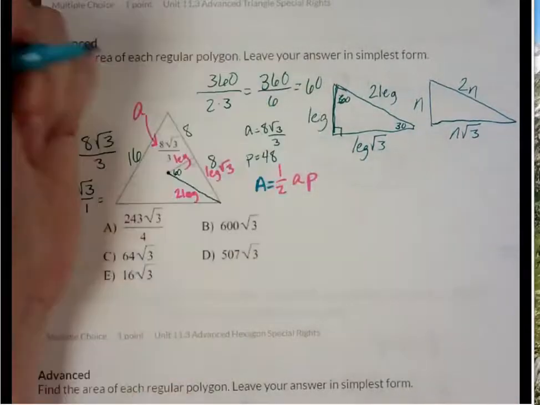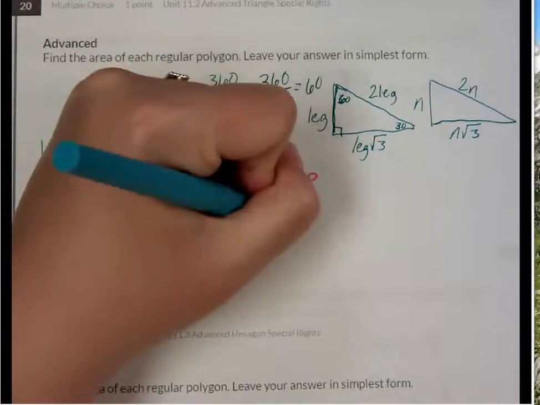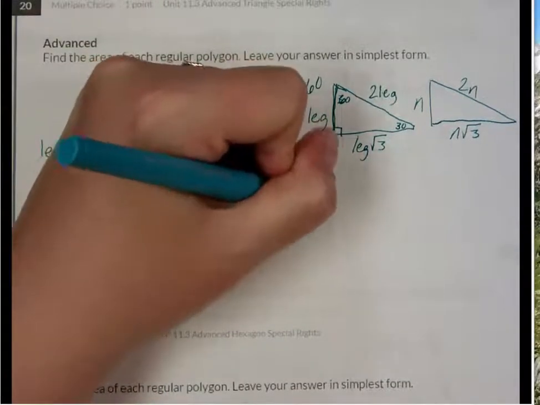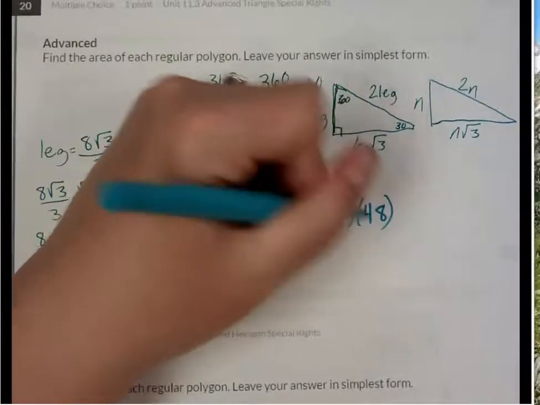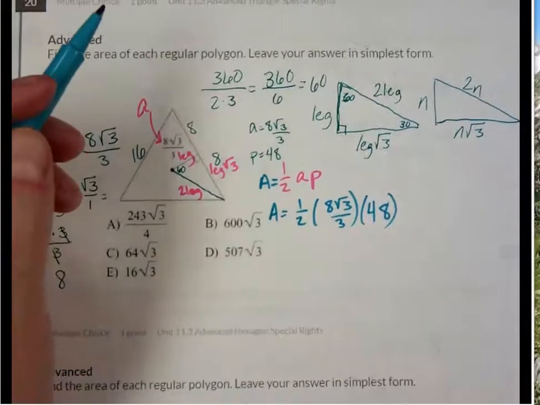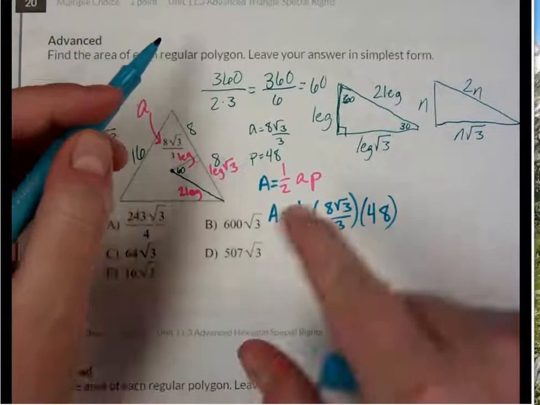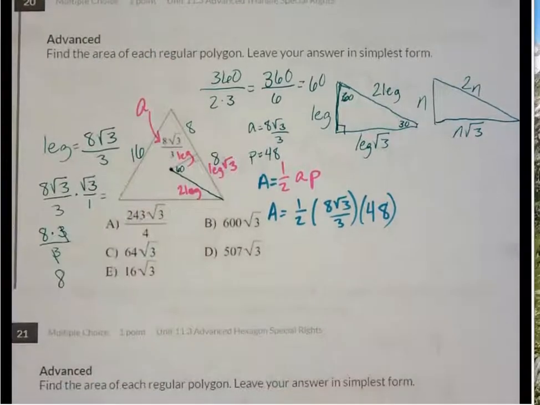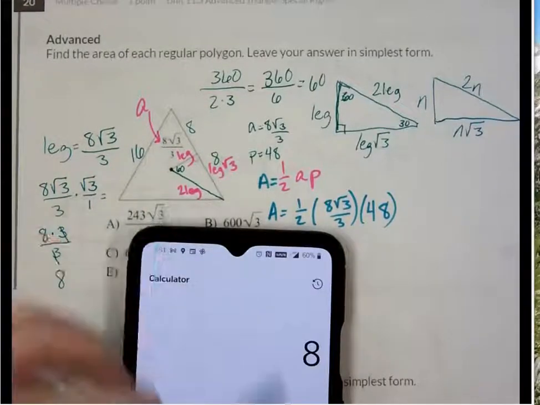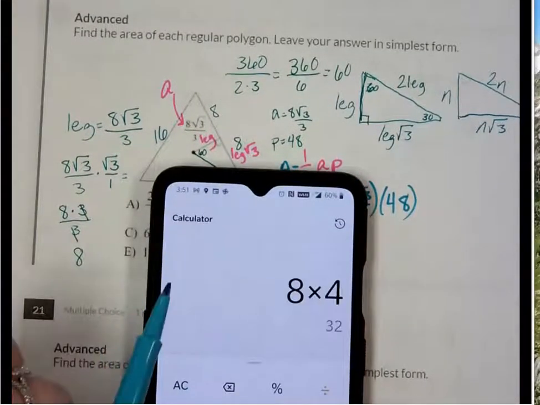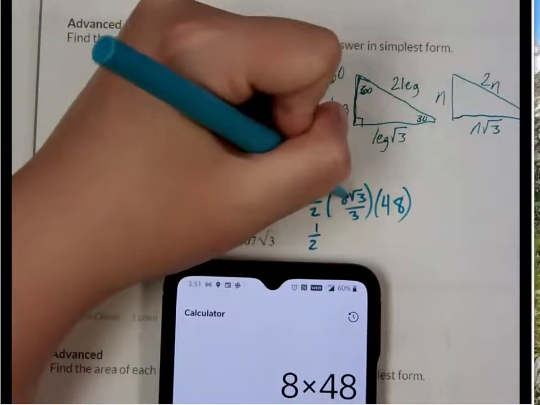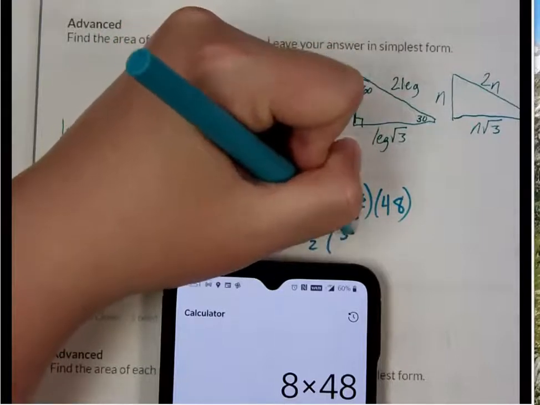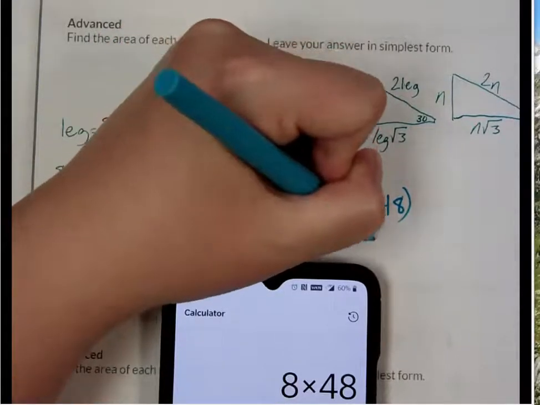So the area of my triangle is 1/2 the apothem times the perimeter. Okay, so what we can do, we can multiply. There's a lot of different ways that you can do this, but you can take 8 times 48 and combine these, so we still have this 1/2 here. Multiply that 8 and that 48, and you end up with 384 root 3 over 3.